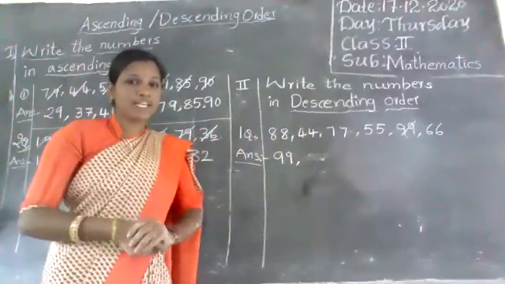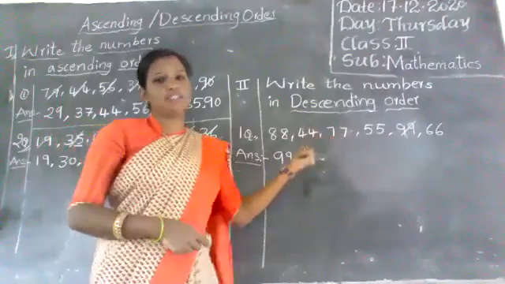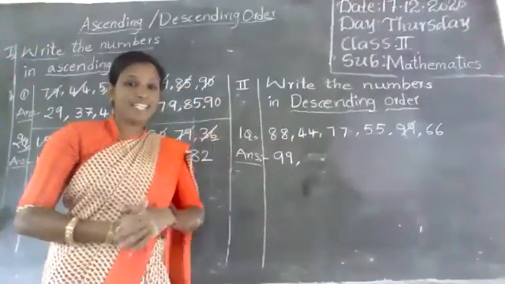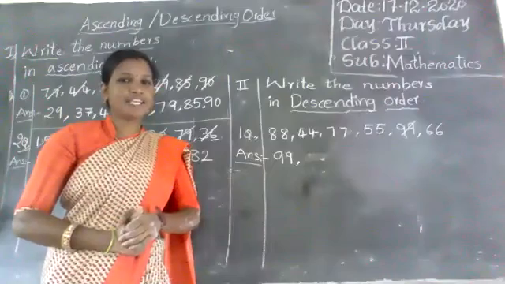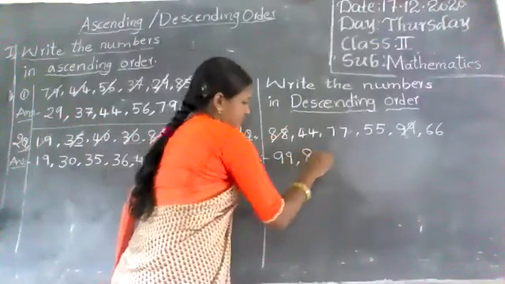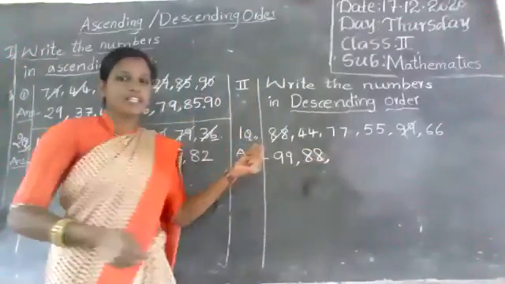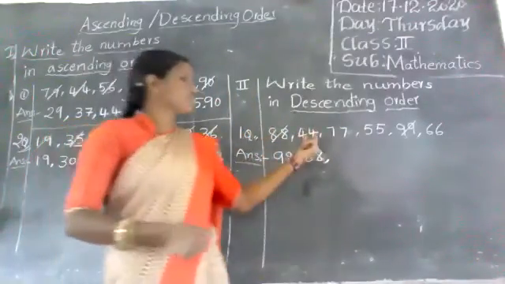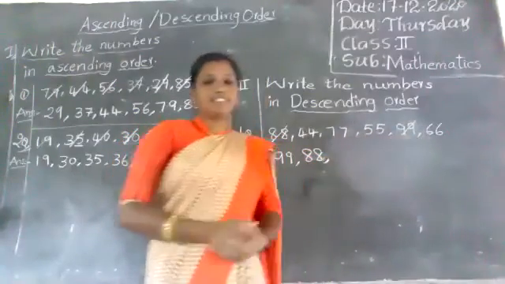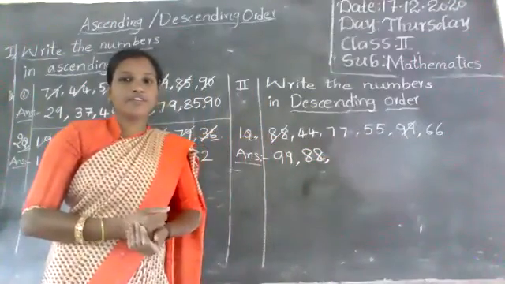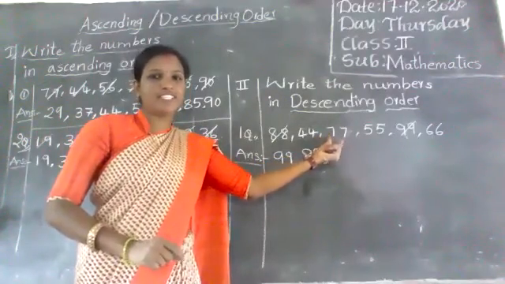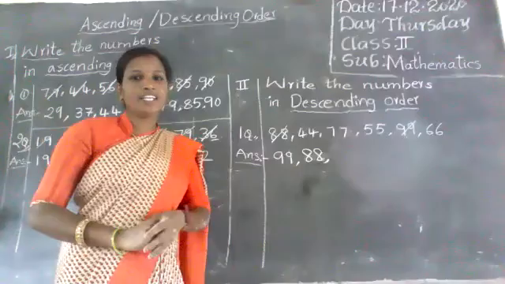Next, which is the biggest number from these numbers? 88. Very good. So we cut 88. Two numbers are over. Next: 44, 77, 55, 66. Which is the biggest number? 77.